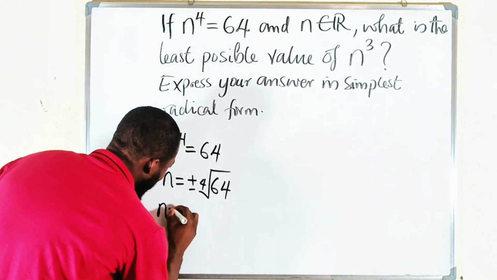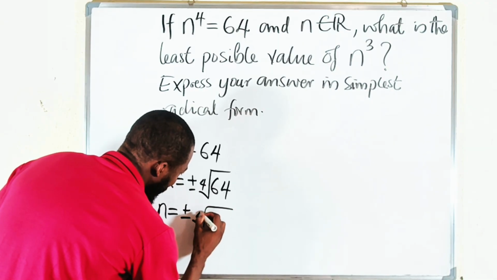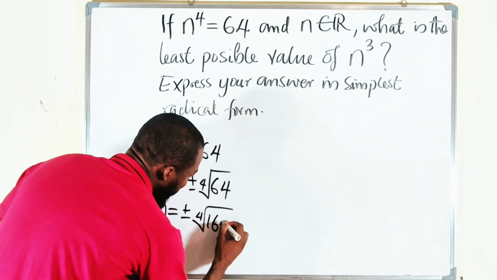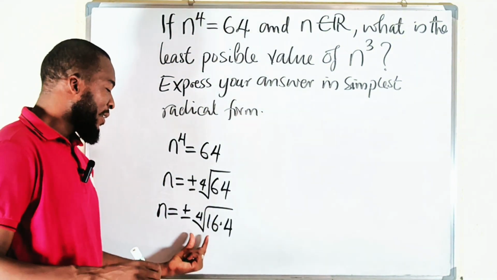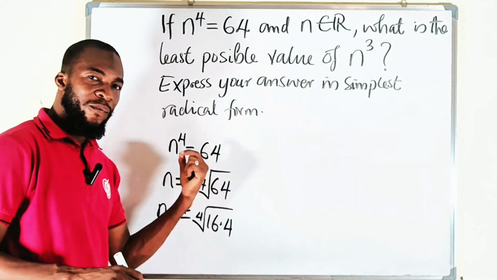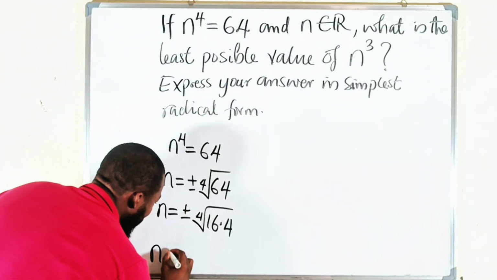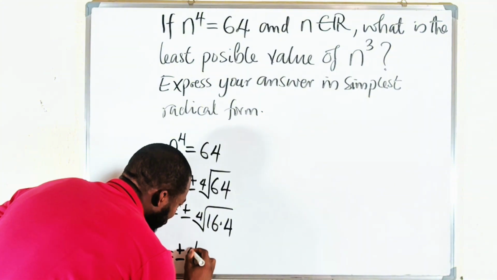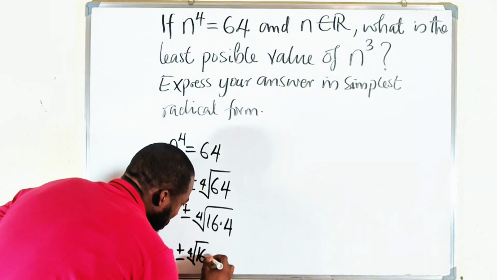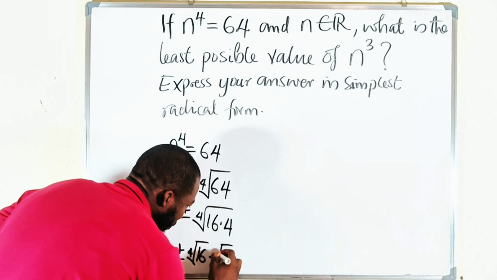So therefore, n is equal to plus or minus the fourth root of 16 multiplied by 4. And we can split the fourth root, right? The fourth root of 16 times the fourth root of 4. So we have n equal to plus or minus the fourth root of 16 multiplied by the fourth root of 4.